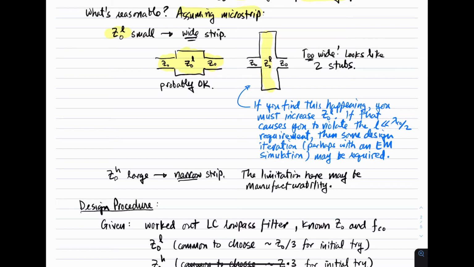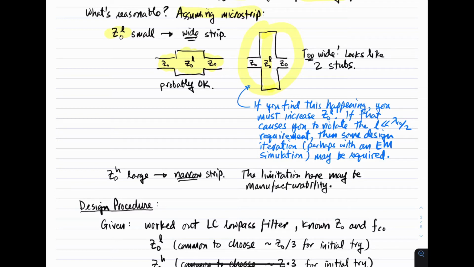And at some point, it's going to start to look like a stub. So at some point, we make Z0L so small that electromagnetically, it's not really clear whether this is a section of transmission line that just happens to be wide, or whether, in fact, it's a stub. And the waves don't know what your intent is, so it's up to you to try to avoid this situation. So if you find this situation happening, you have to increase that small value of the characteristic impedance.